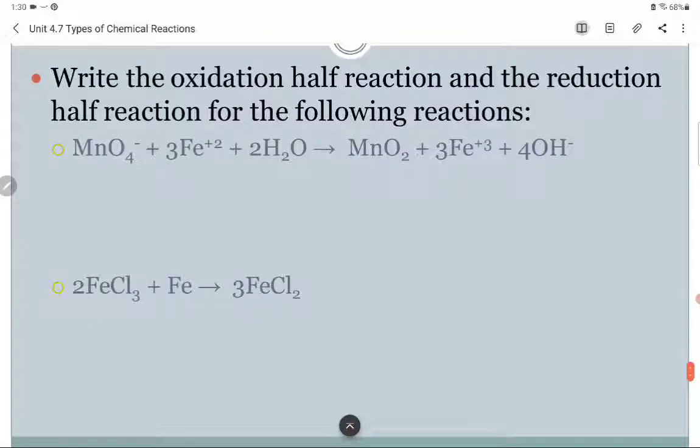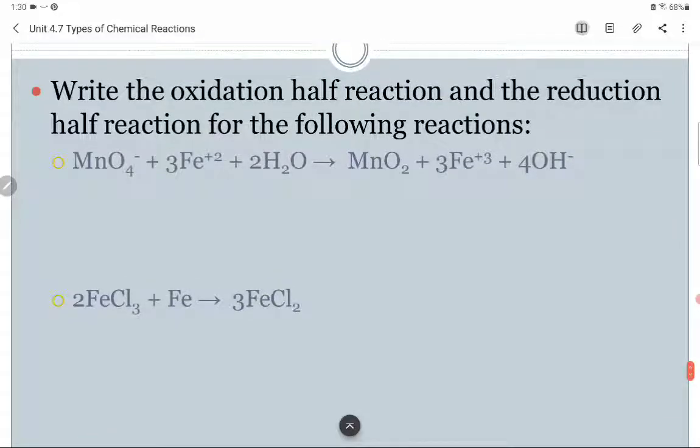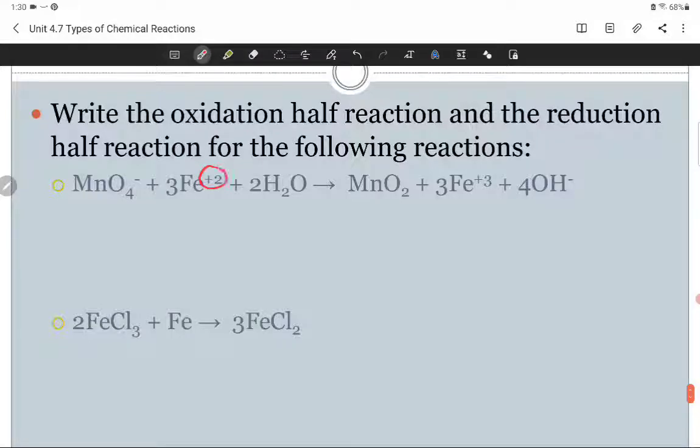Okay, this one looks like it's a lot more intimidating here. So I said if you have any elementals, they're going to be part of the oxidation reduction. Well, there's no elementals in here, so that's off. But we do have a monatomic ion of a +2 going to a +3.